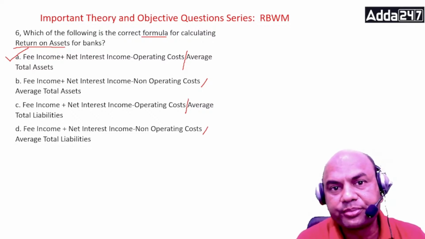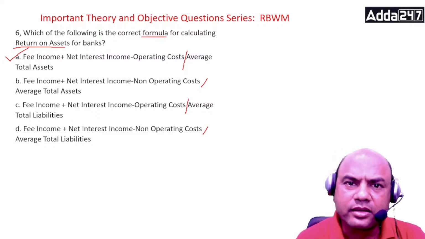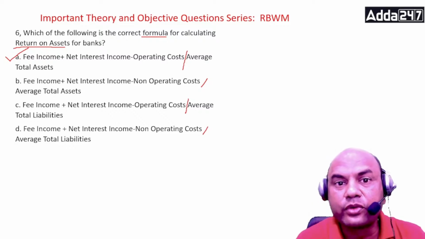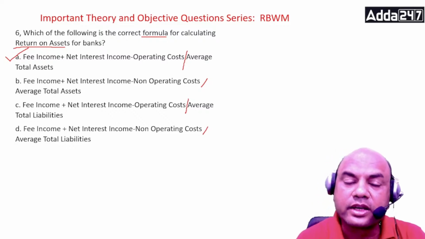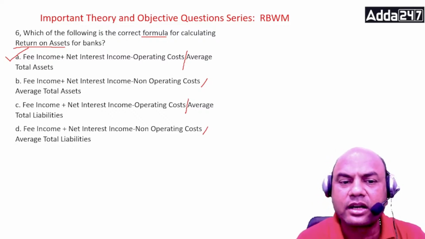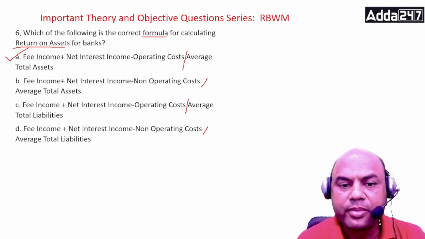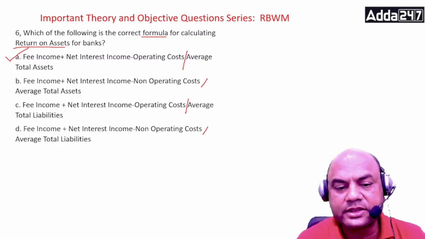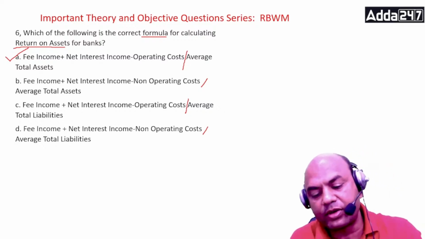Fee income can be anything. Suppose when you issue an LC, that is also fee income. If you sell a mutual fund, that is agency income, but that can be considered under fee income. Return on asset for a bank is calculated as fee income plus net interest income minus operating cost upon average total assets.